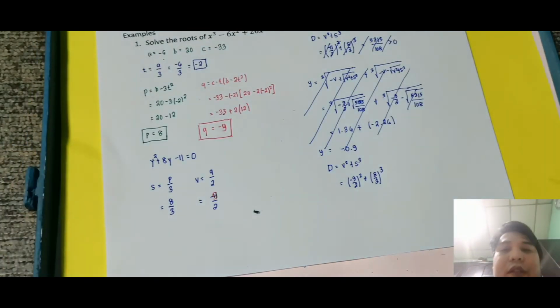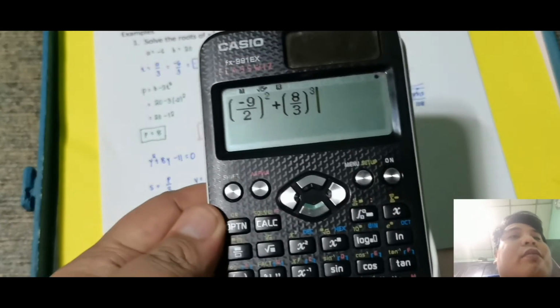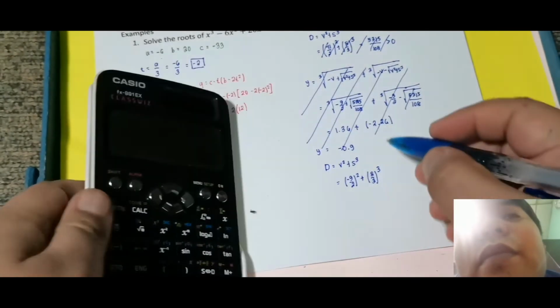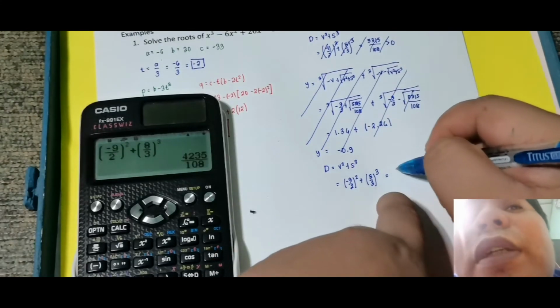Okay, so check natin yan. Okay, so that is negative 9 over 2 squared plus 8 over 3 cubed. Okay, so solve natin. That is simply 4235 over 108.